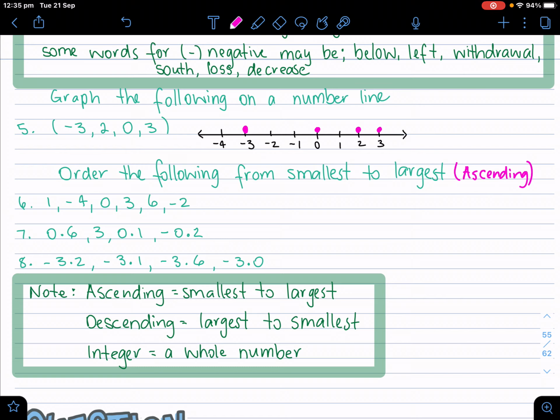So let's pick out what is the smallest number in example 6. Well, the smallest number there is -4. Cross that off that I've done that. Then -2. Then 0. Then we have 1, 3, and 6.